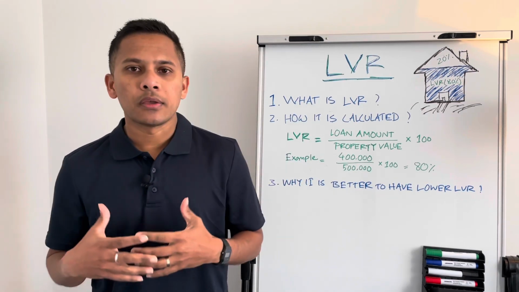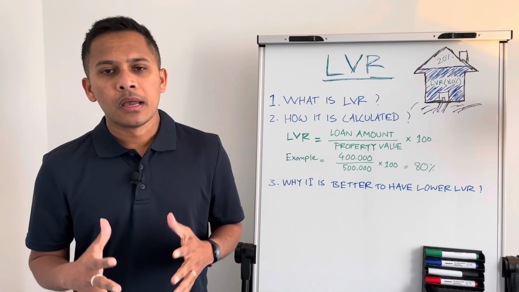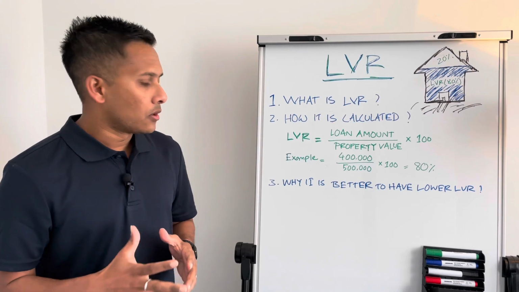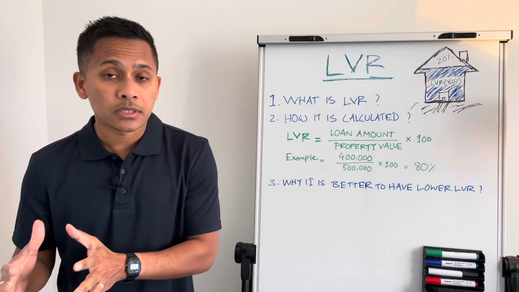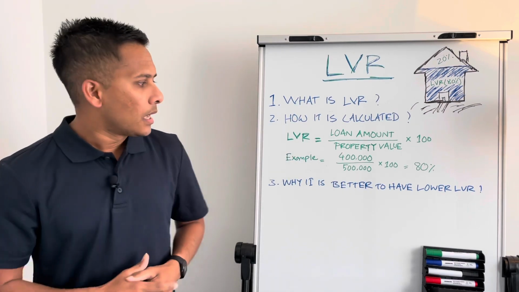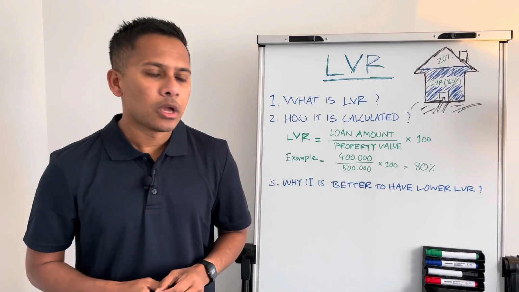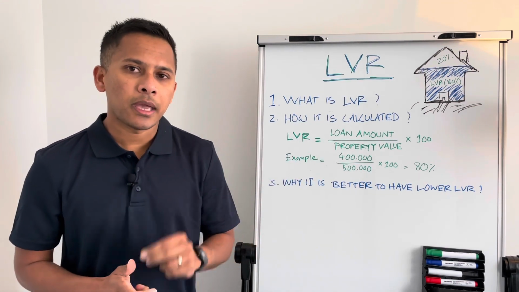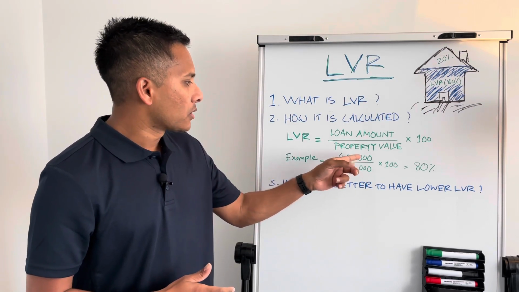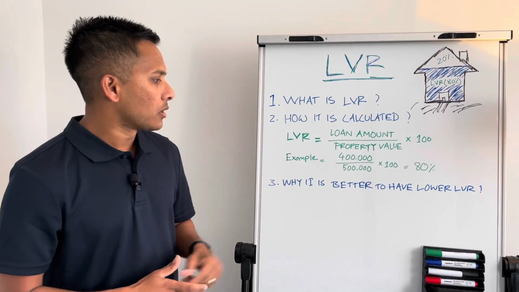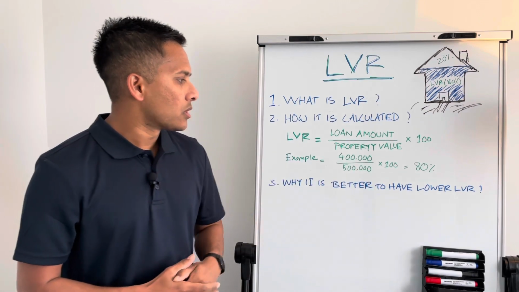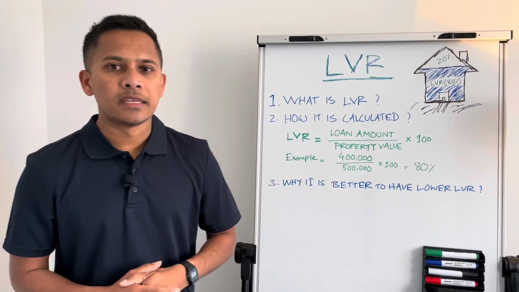For example, if you are purchasing a property worth around $500,000, and you have a deposit of $100,000, and you also have the funds to cover all other costs, and you are getting a home loan of $400,000 from the bank, then if we divide $400,000 by $500,000, which is the property value, and multiply by 100, that will give you an LVR of 80%.